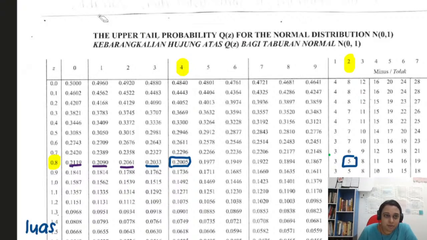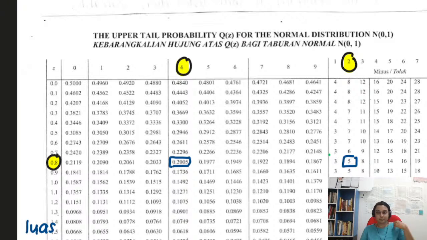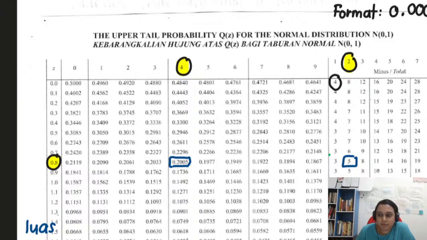0.842. How it become? Oh, it didn't become like that. That is the formula, the format. Okay, that is the format. Please remember this. The format for the behind one. Okay, for example, if this is 4 means you must write 0.0004.